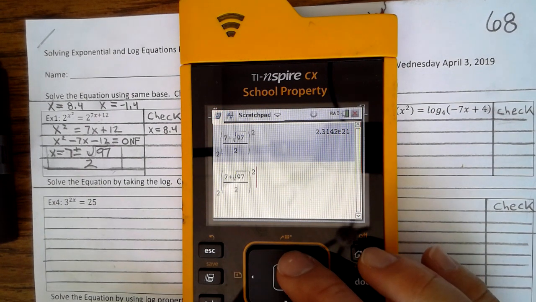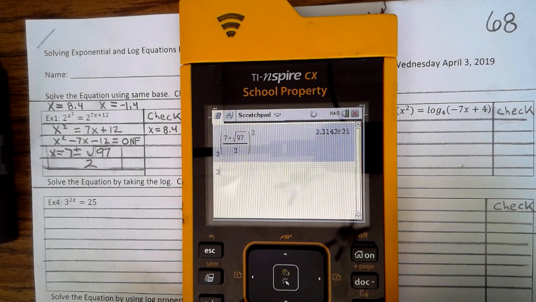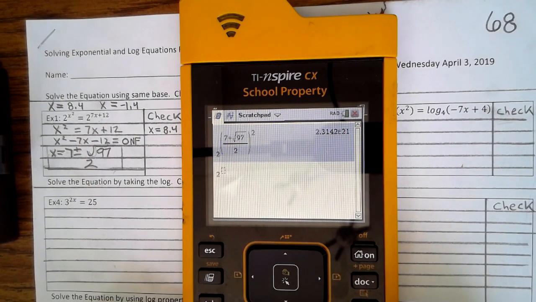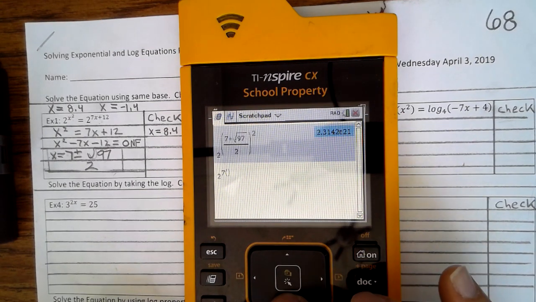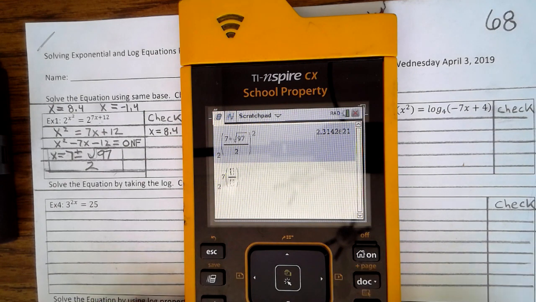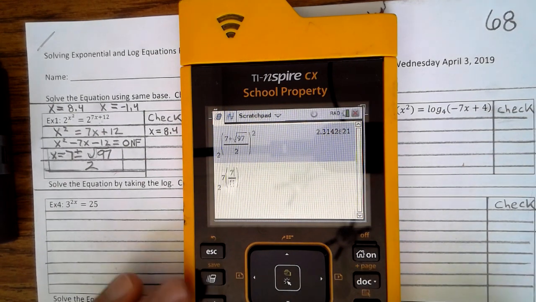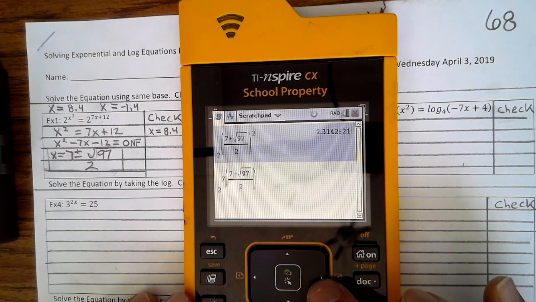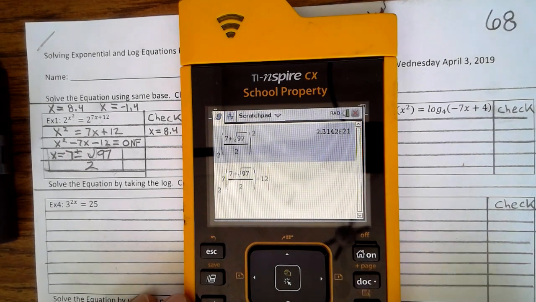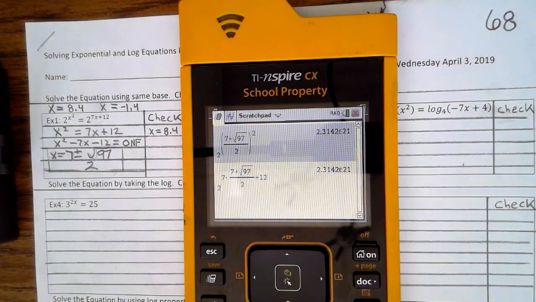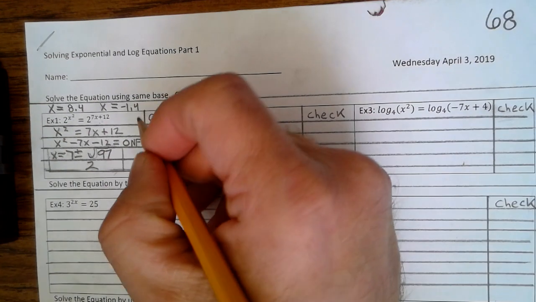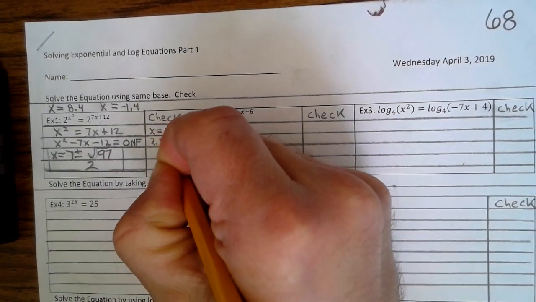Well, no, I'm sorry. I'm going to put in the right side. So 2 up key, 7 parentheses, and then, nope, I can't highlight that. So I'm going to have to type it in again. So control divide, 7 plus control square root of 97, divided by 2, plus 12. You can see here that they're both equivalent, so this checks. So 2.3 equals 2.3, so this checks.